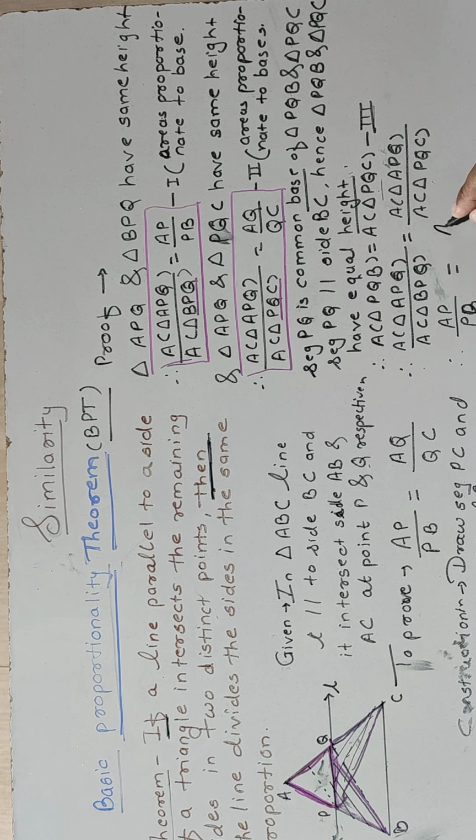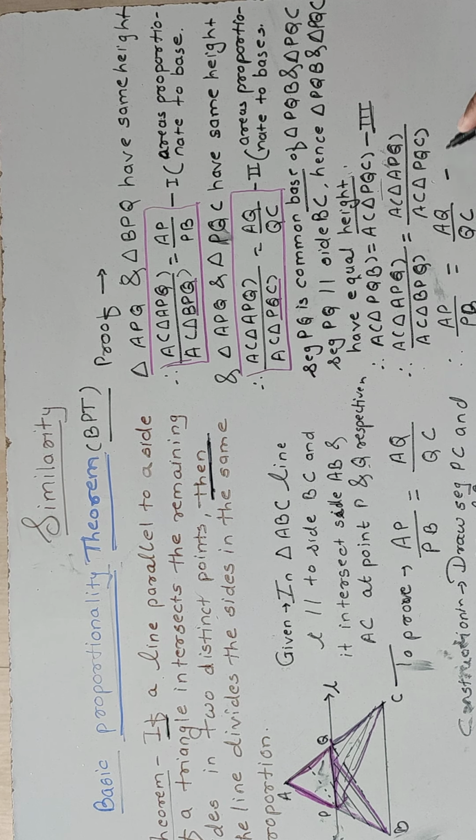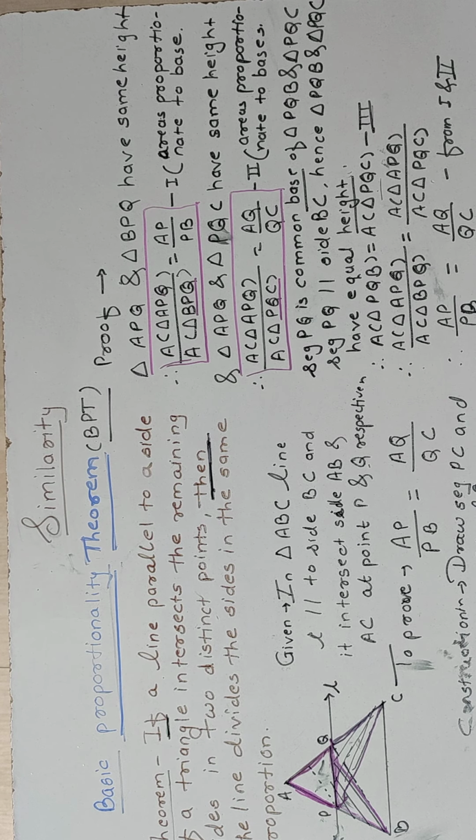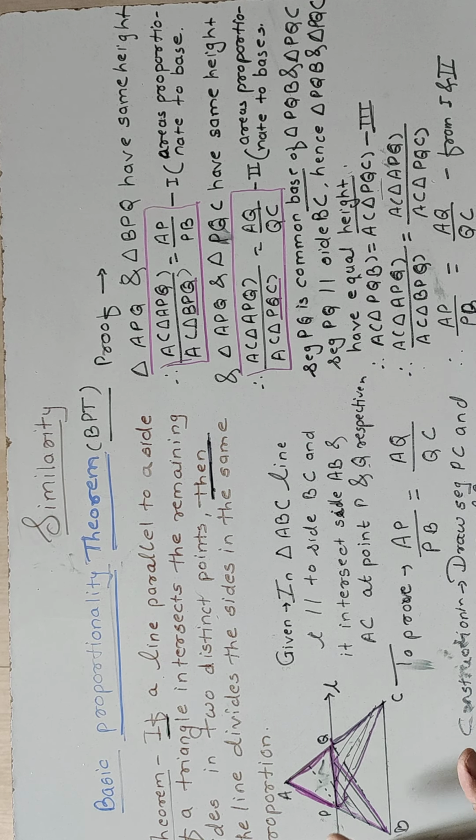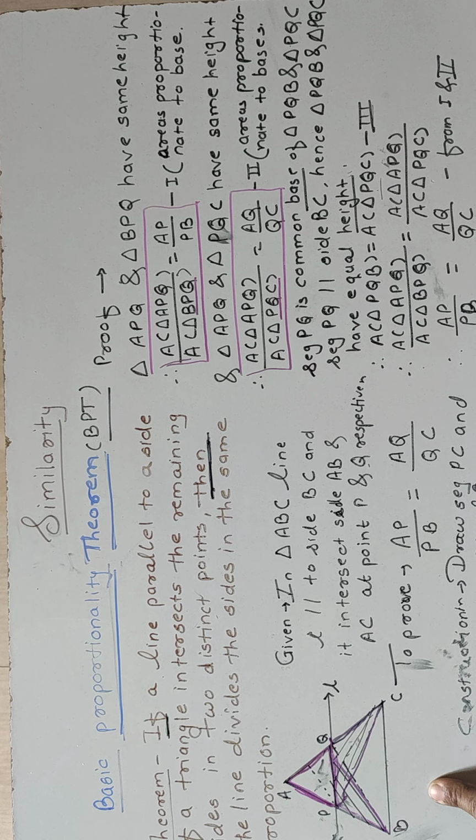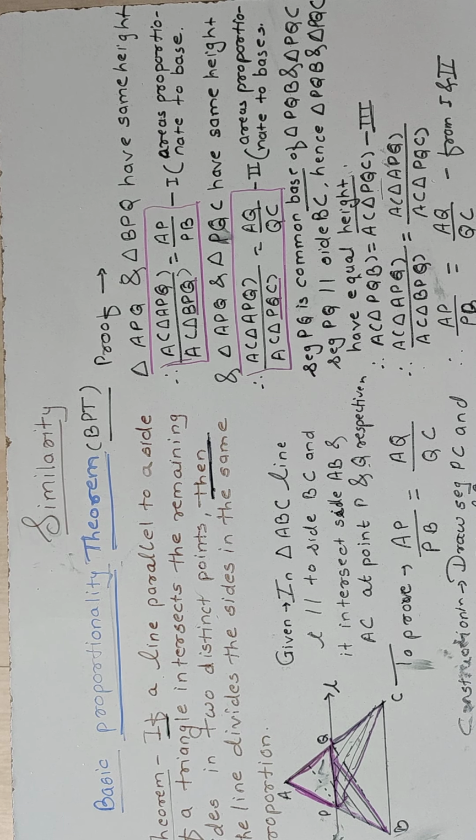So instead of this we write here AQ upon QC, from 1 and 2. And in this way we have shown that if a line is parallel to a side of a triangle, L parallel to side BC, and it intersects the other sides at two points, then it divides the sides of the triangle in the same ratio, AP upon PB equal to AQ upon QC.